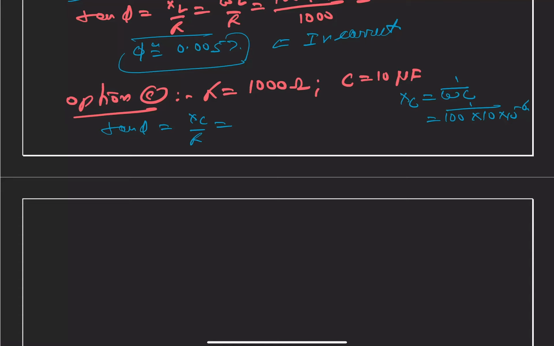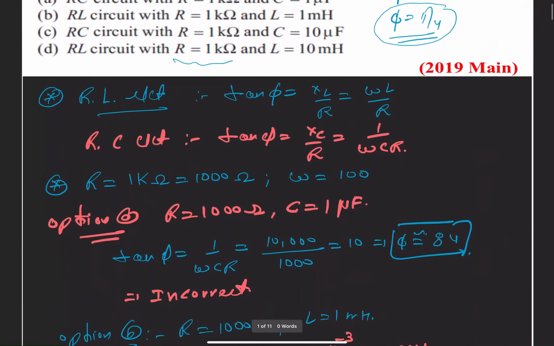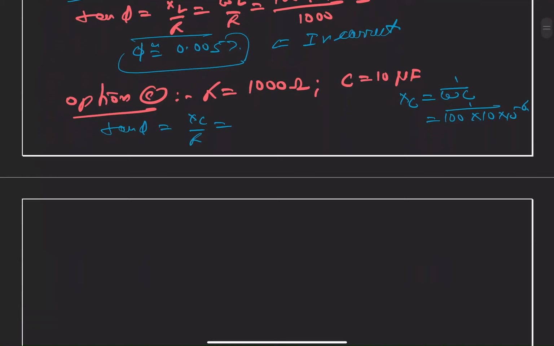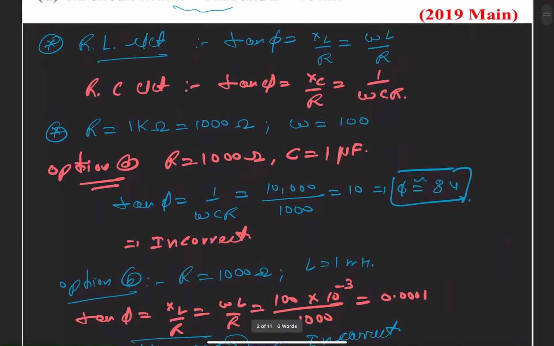This will be 1000 divided by 1000, which is equal to 1, which gives us that phi is equal to 45 degrees. And this is a correct option.